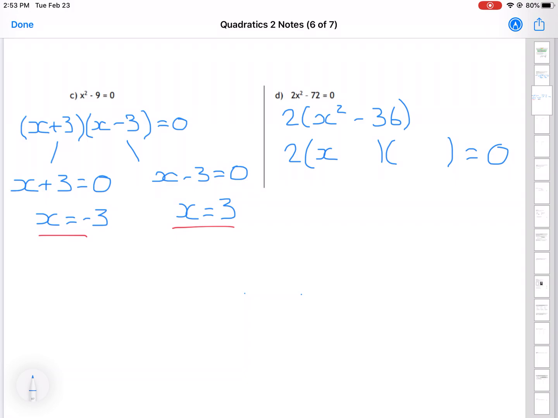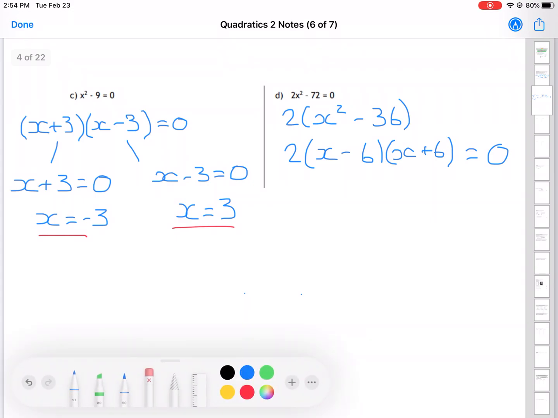Once we've done that, it'll all be equal to 0. Now, in those brackets, it's the difference of 2 squares, so we end up with x minus 6 and x plus 6. Again, the x's coming from the x squared being square rooted, and the 6's coming from the 36 being square rooted.